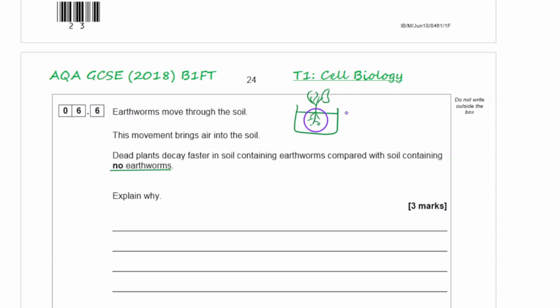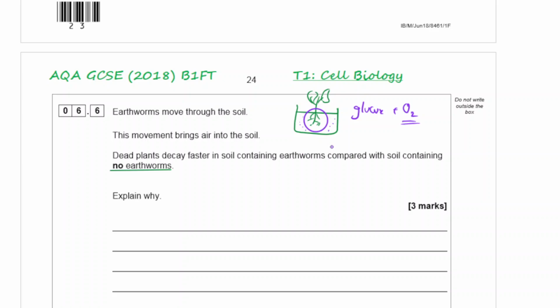For respiration, you need glucose plus oxygen. They can't carry out photosynthesis. So where are they going to get the oxygen from? The oxygen needs to come from the air in the soil.